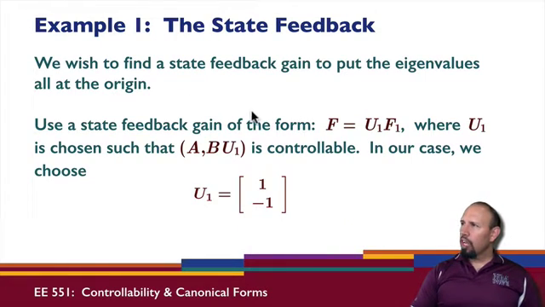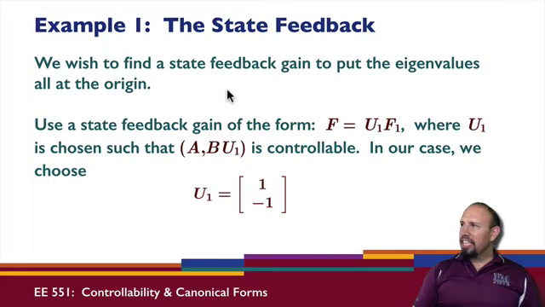Because my system is controllable, I can apply a state feedback so that I can have arbitrary eigenvalues. I want to use a state feedback, but if you recall, Ackermann's formula required that the system be single input.